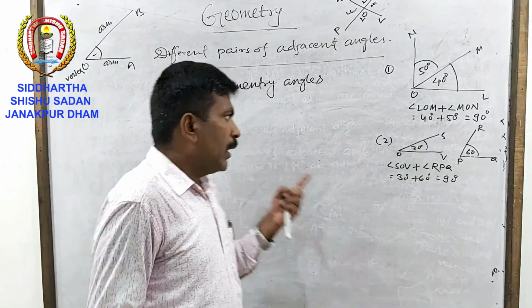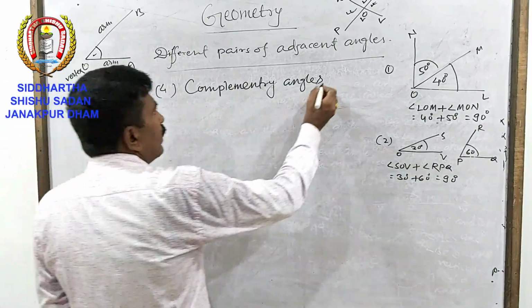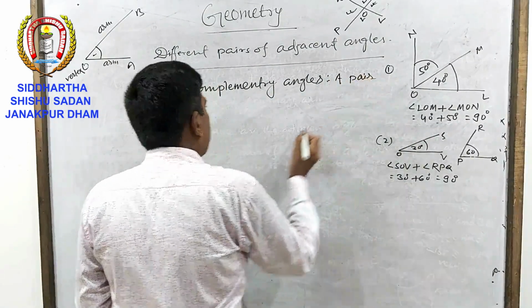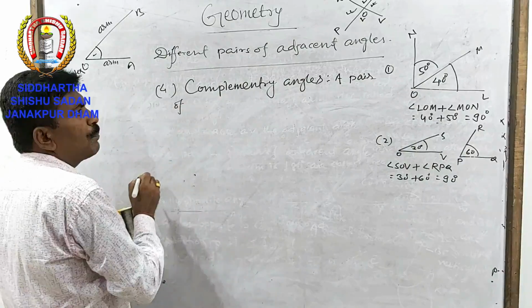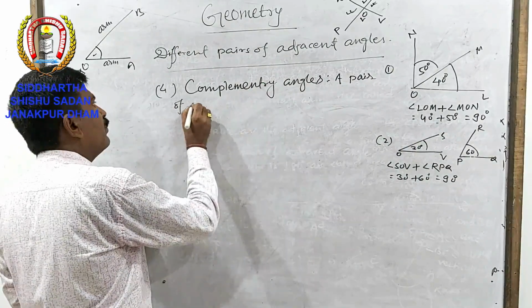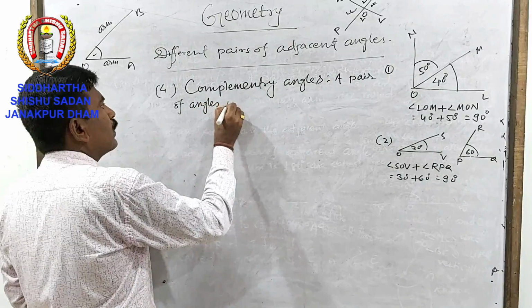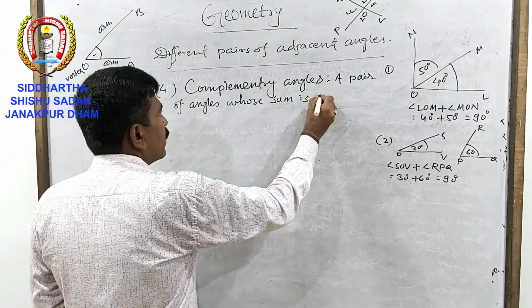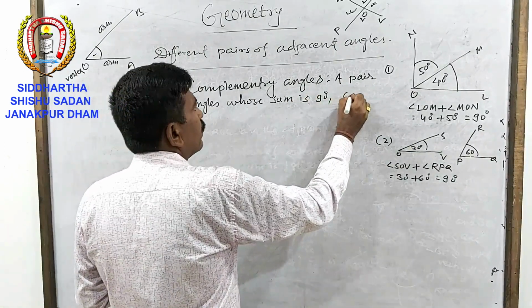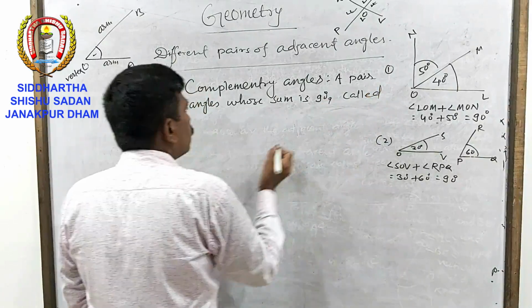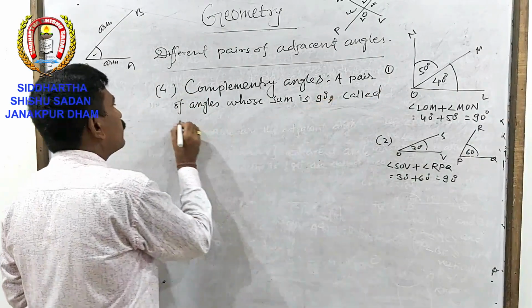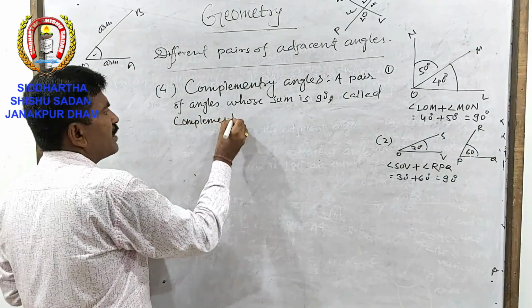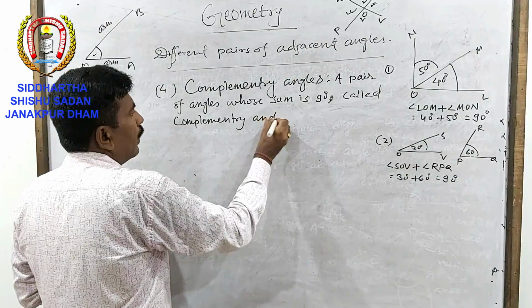Now I will write it on the board. Complementary angles means a pair of angles whose sum is 90 degree are called complementary angles.